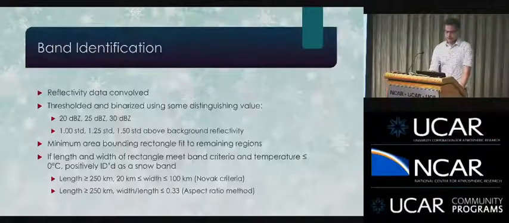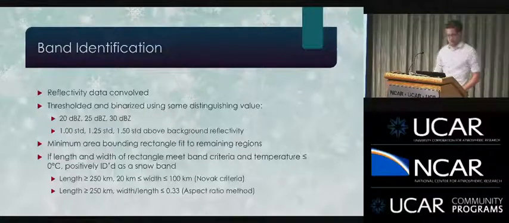Once we've done that, we fit minimum area bounding rectangles to the remaining regions. And if the length and width of that rectangle meet whatever band criteria we chose, so we can use Novak's definition, which was 20 to 100 kilometers in width, or our aspect ratio method of less than 0.33, and the temperature is less than 0 degrees C, then we would positively ID it as a snow band.